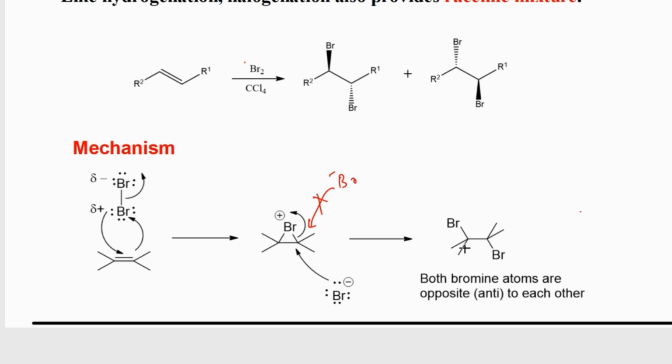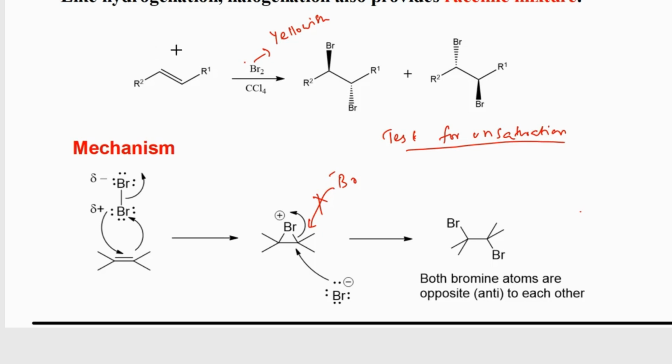And what is the use of this reaction? This reaction can be used in qualitative analysis, as a test for unsaturation. What does that mean? Any unsaturated compound can be confirmed by this reaction, because bromine is a yellowish orange liquid.